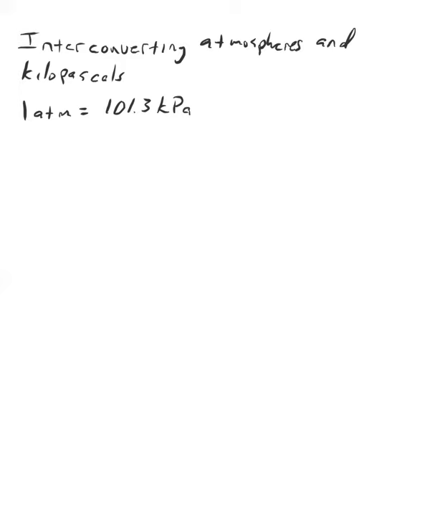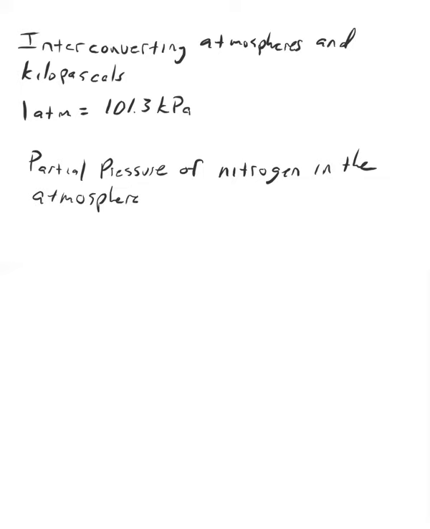So it says in this problem that the partial pressure of nitrogen, the partial pressure, this is a term we'll talk about later, of nitrogen in the atmosphere is, I assume this is at sea level because it does depend what height you're at, 79.11 kPa, kilopascals.